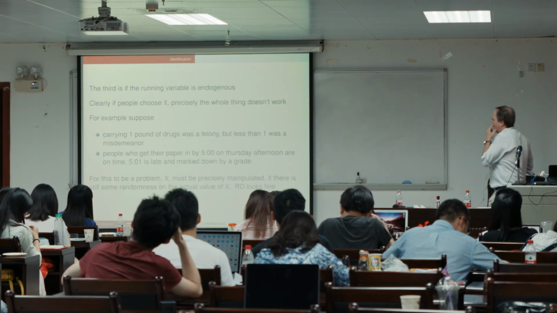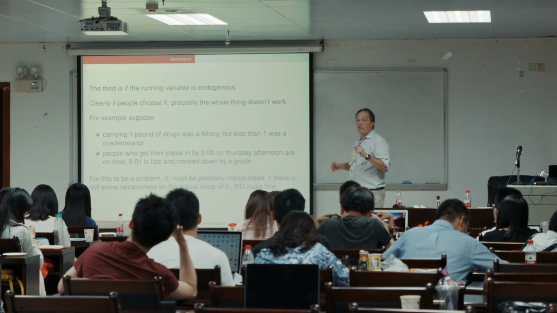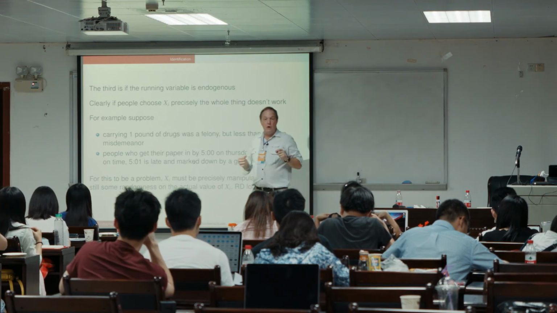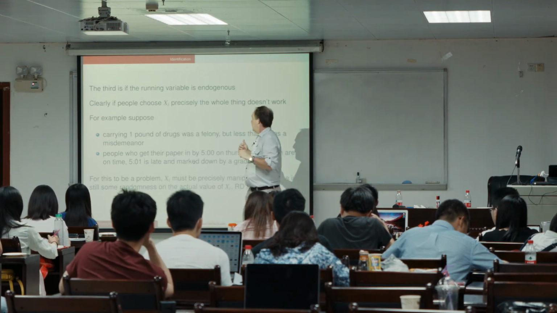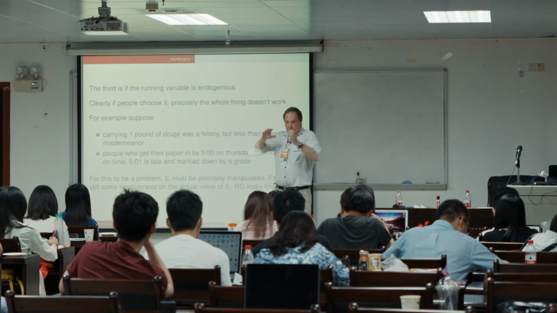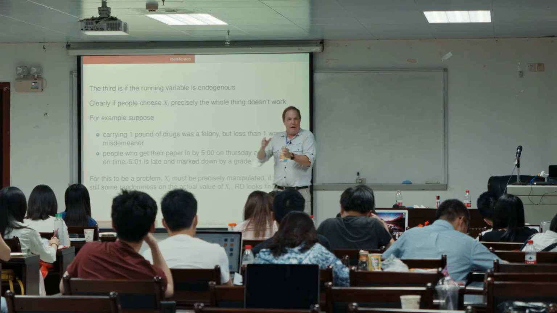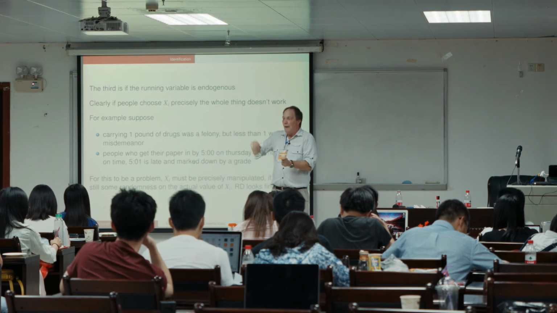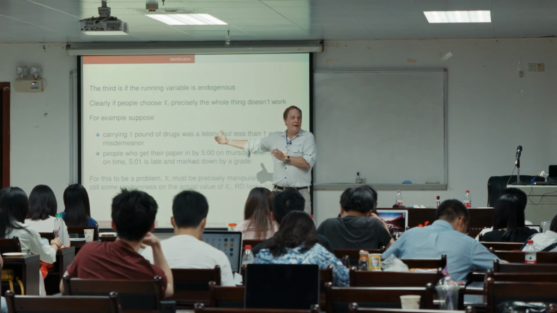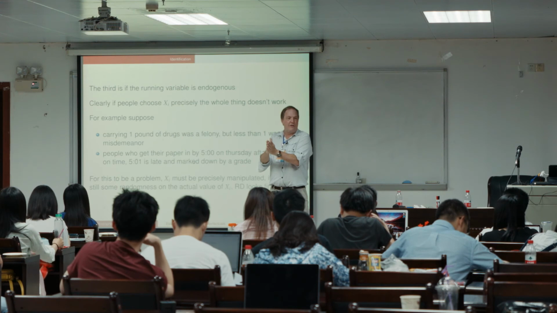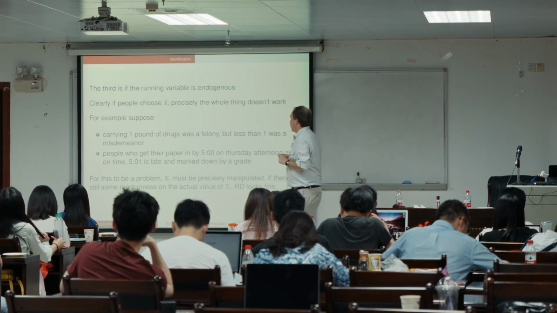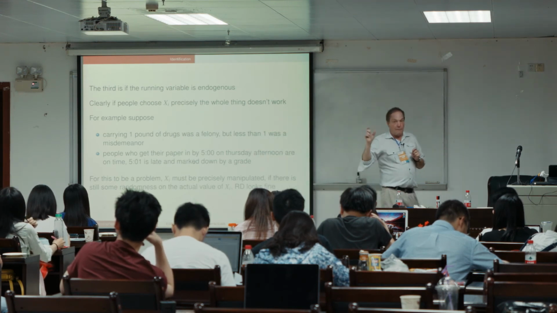The biggest threat is manipulation of the running variable. If I know that I get the policy if my income is above $10,000 and I don't if it's below, I might work a little bit more to get my income a little bit higher. So if I know what the policy is and I can manipulate the running variable, I might want to change things.